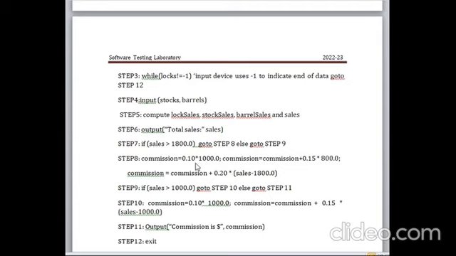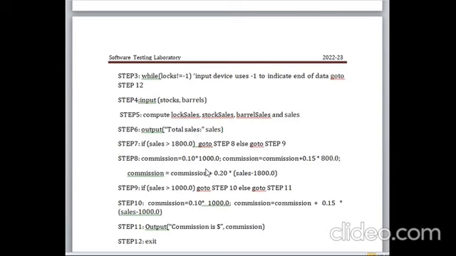Then from 1000 to 1800, the remaining 800, for which we already calculated the 10% commission on the first 1000, we calculate the 15% commission. After we get that commission, we add the remaining amount, that is the excess over 1800, and calculate the 20% commission. So sales minus 1800 here.